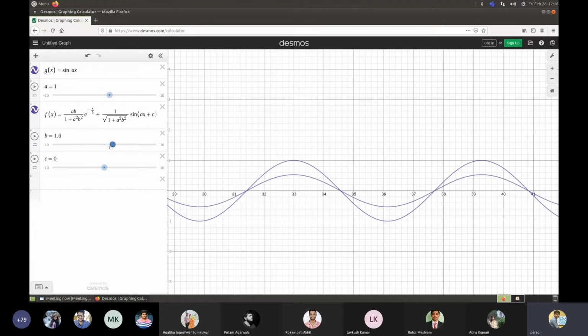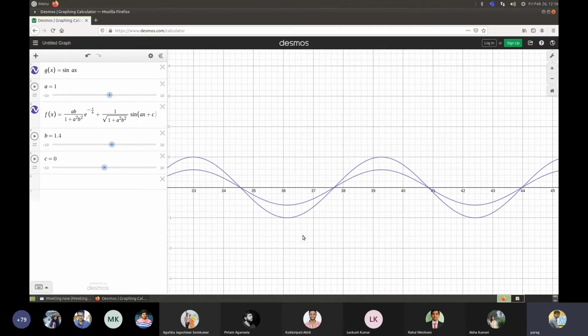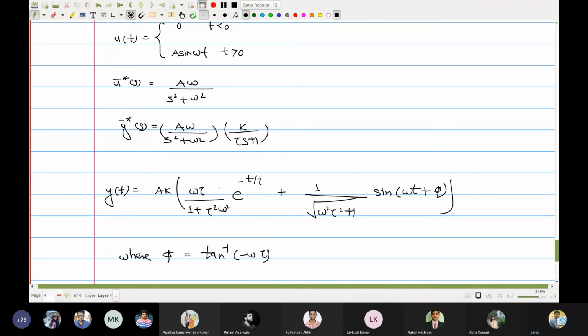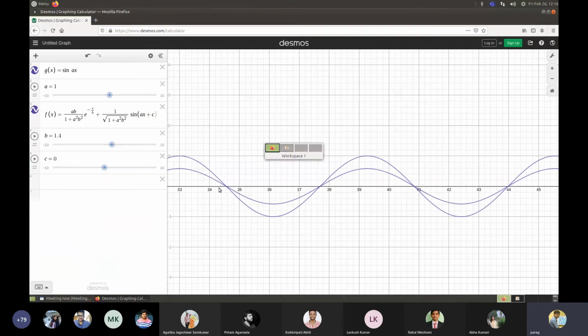What I see is that there is no difference in the relative differences in the behavior of the system. Your input is sinusoidal, you're forcing the system to be sinusoidal, your output also is sinusoidal. Now depending upon this value of tan inverse minus omega tau, there can be a lag. I have set this just for the ease of visualization as 0.